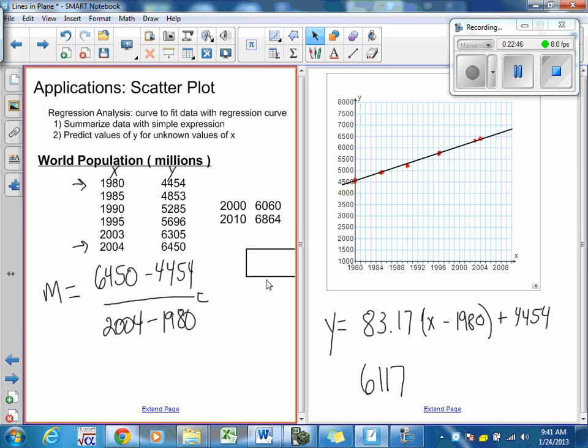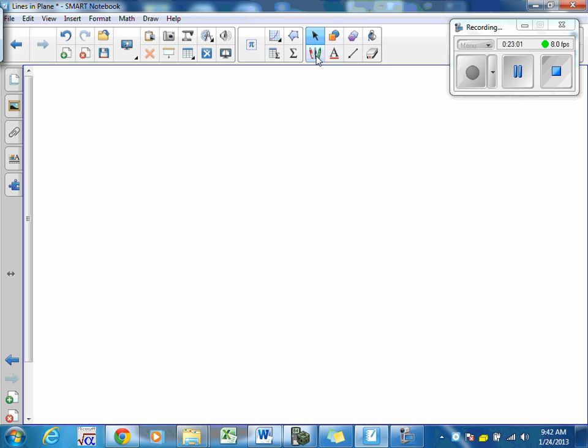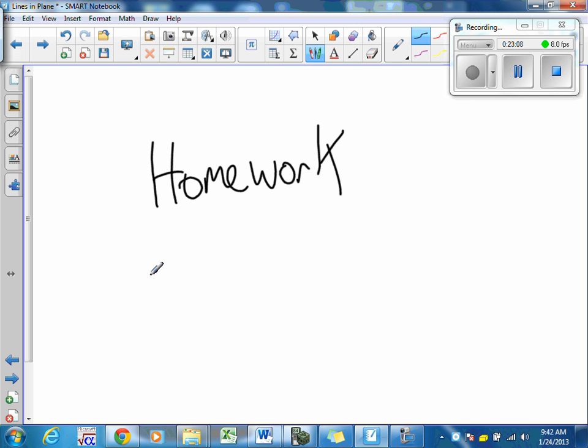So we get a little bit different. We're just approximating our answers. This is called linear regression. We're just finding an equation that approximates what our answers are. All right, we are ready to do the homework. And this is the homework for lines in a plane.